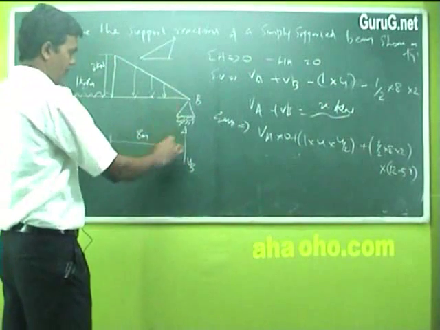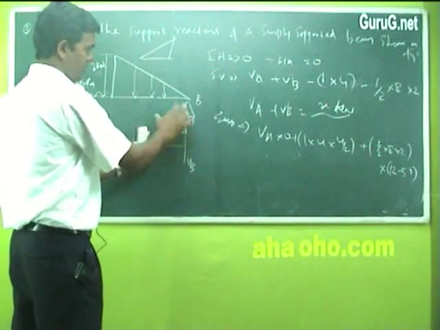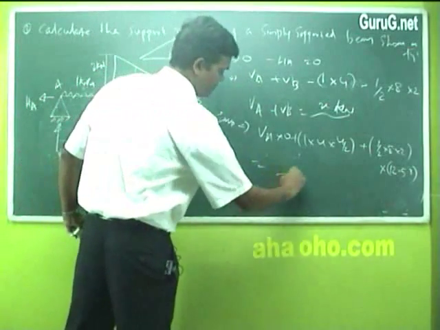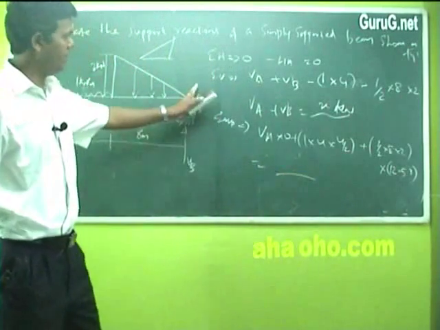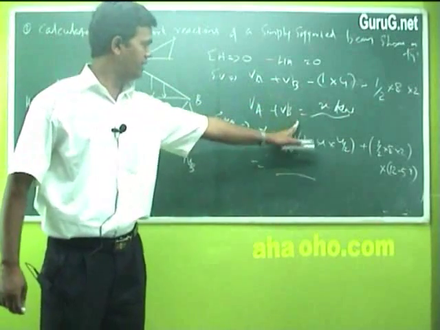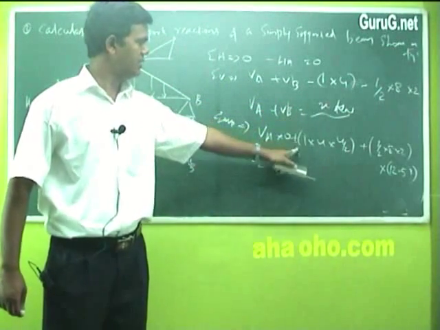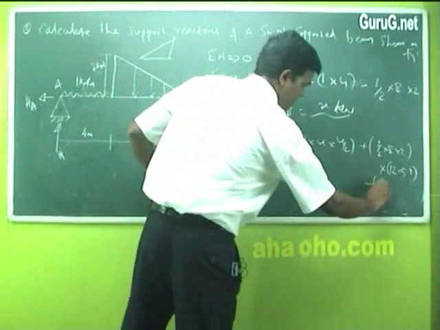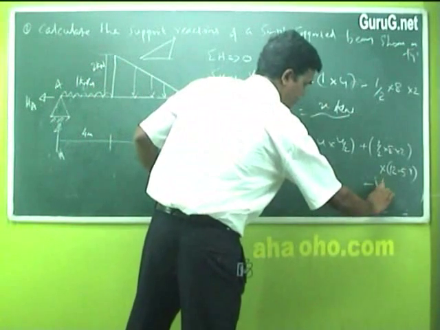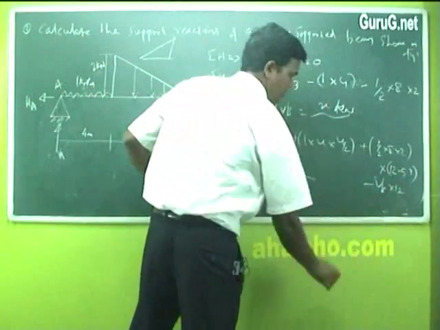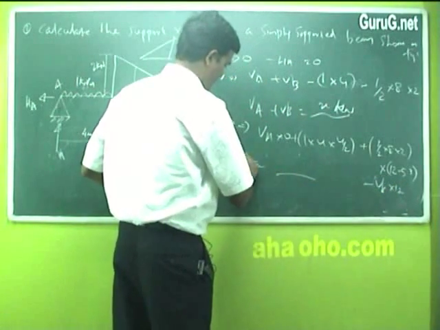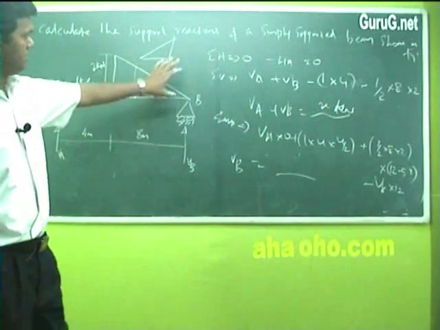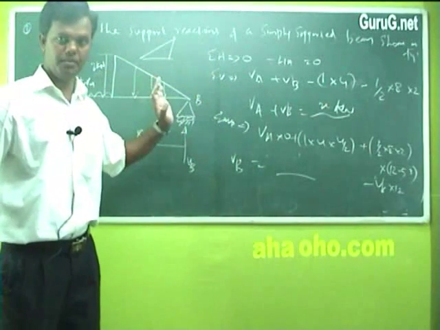This gets neglected and this is the moment. So you calculate this, you get some value. So you get a value of VA plus VB, and one will be known from this. Say VB, VB into 12. This is minus, anticlockwise, VB into 12. So the unknown will be VB and you get a value of VB here. That's it. Is it clear? So sigma H, sigma V and sigma M.